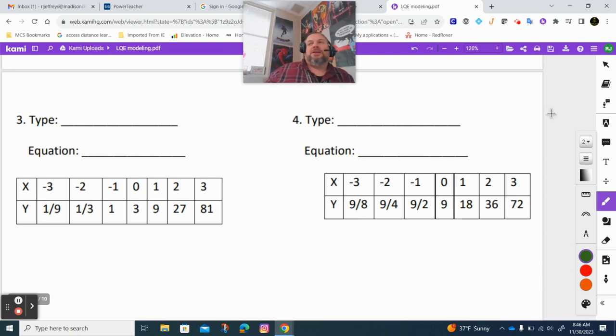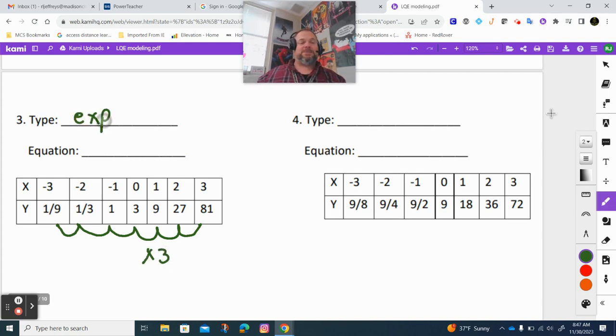Okay. So let's look at this. We got a fraction, another fraction. So it goes 1, 3, 9, 27, 81. What is happening here with our y values? It looks like they're being multiplied by 3.